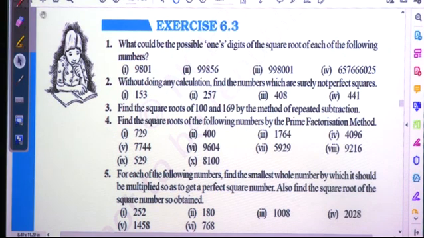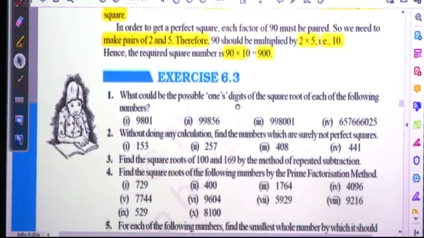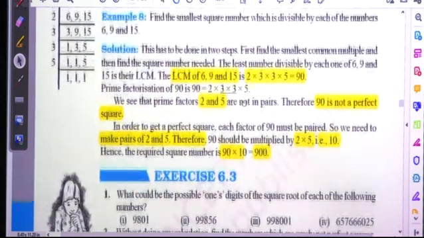Now, what can be done here? See the digit in ones place, it is 1. We are considering the first sum. What value, if we square it, gives 1 in the ones digit?